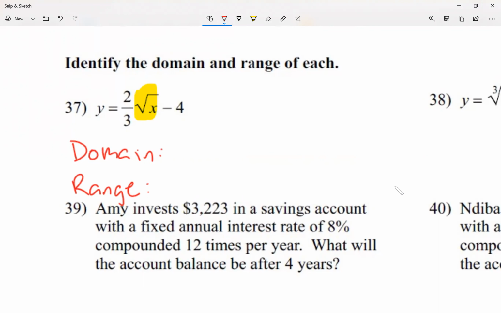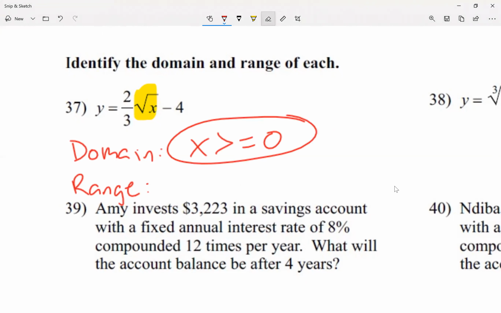The square root can be positive or 0. The smallest value of x I can think of is 0, because I cannot deal with square root of negatives. So I'm going to say x is greater or equal to 0.